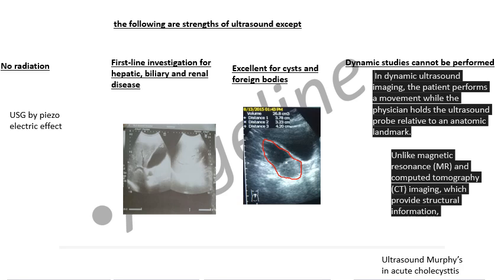The patient will perform a movement while the physician holds the ultrasound probe relative to an anatomic landmark. This is very, very specific when you're trying to elicit probe tenderness at the McBurney's point in appendicitis or a sonographic Murphy sign. Keep the probe in the right hypochondrium, lateral to the rectus, where you expect the gallbladder to be.